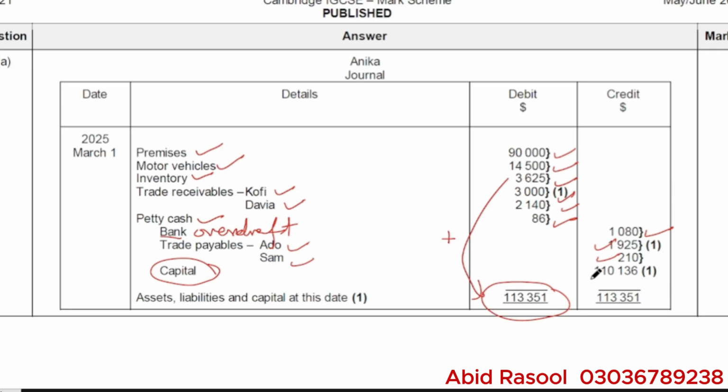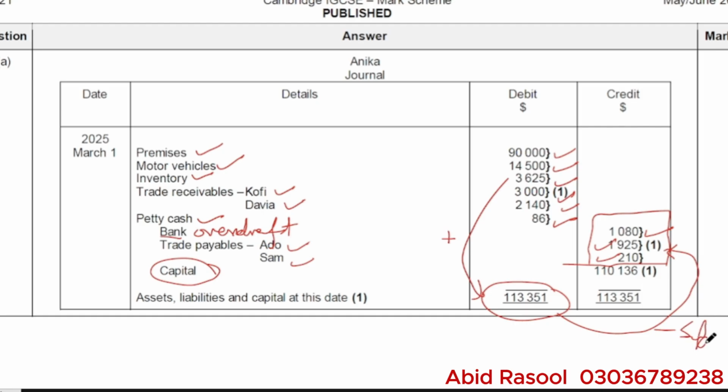These all will be added to get this value, 113,351, and then these given values, this block, will be subtracted from this figure, the total of the debit column. In the calculator, we will write 113,351 minus 1080 minus 1925 minus 210, they will be subtracted.